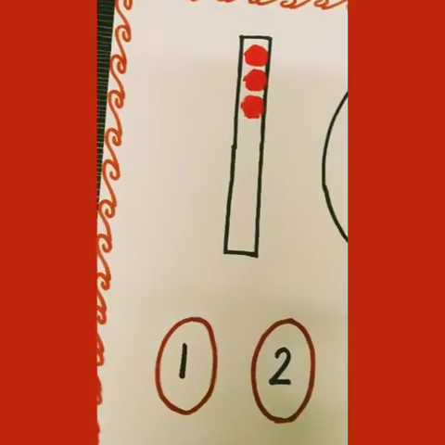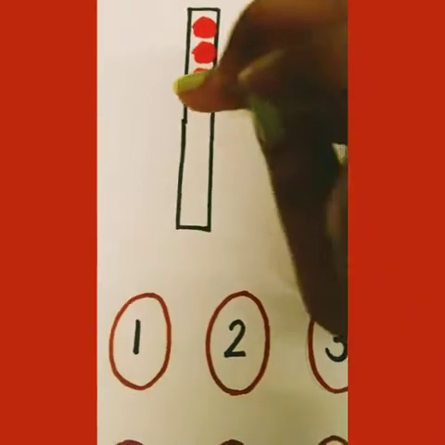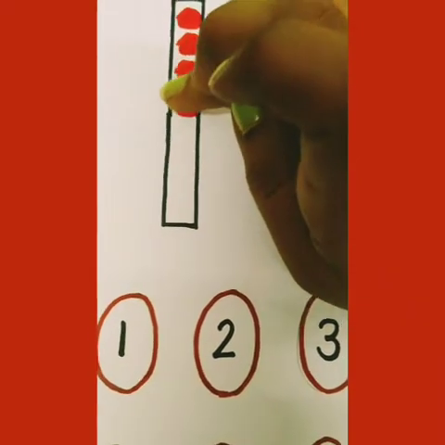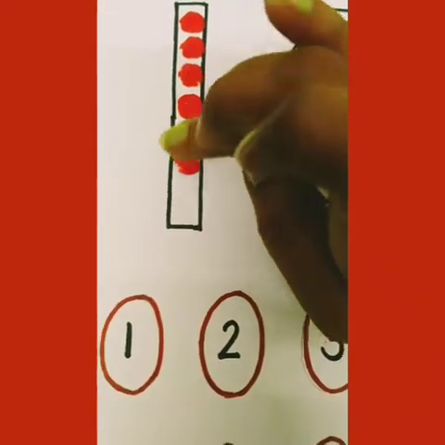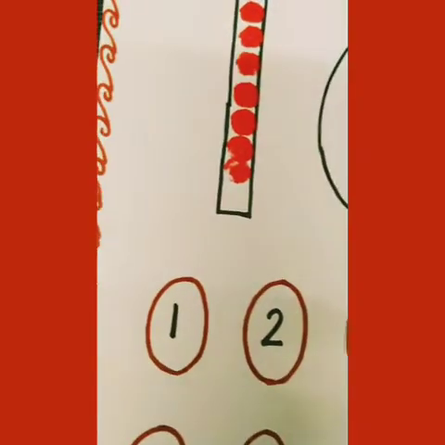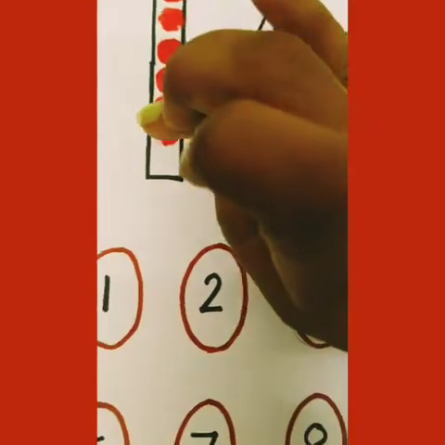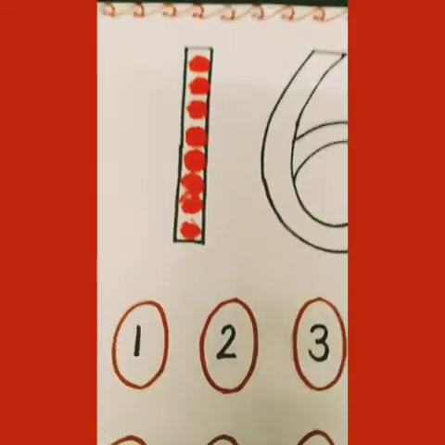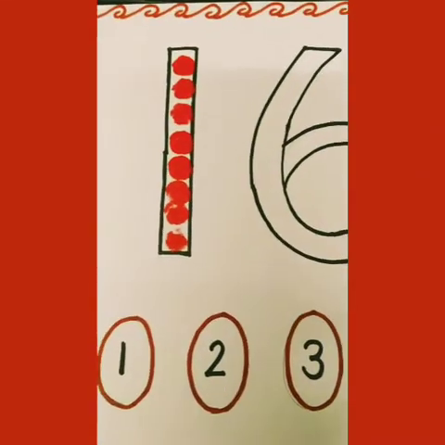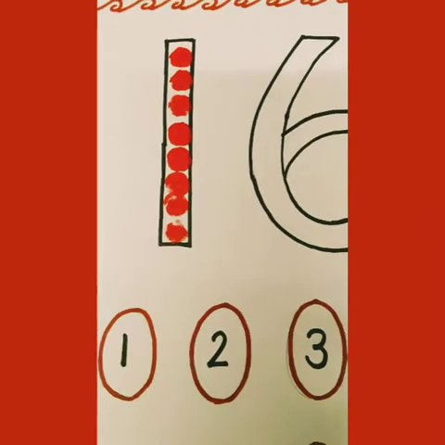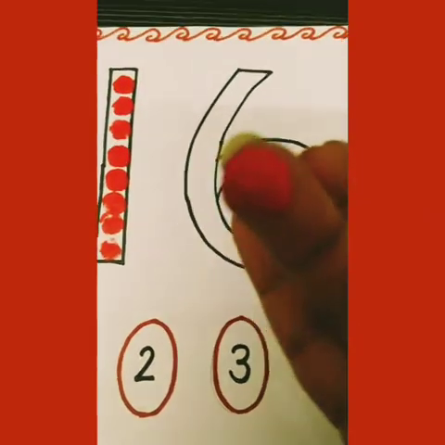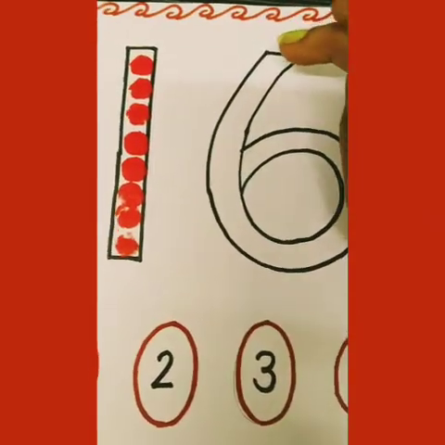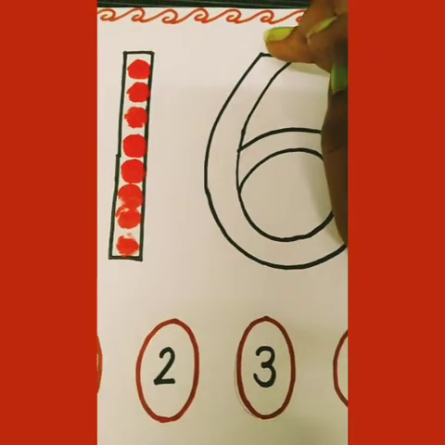You have to make one standing line like this. Again I am taking some color and completing this line like this. Now take some more color and make fingerprints in number 6.